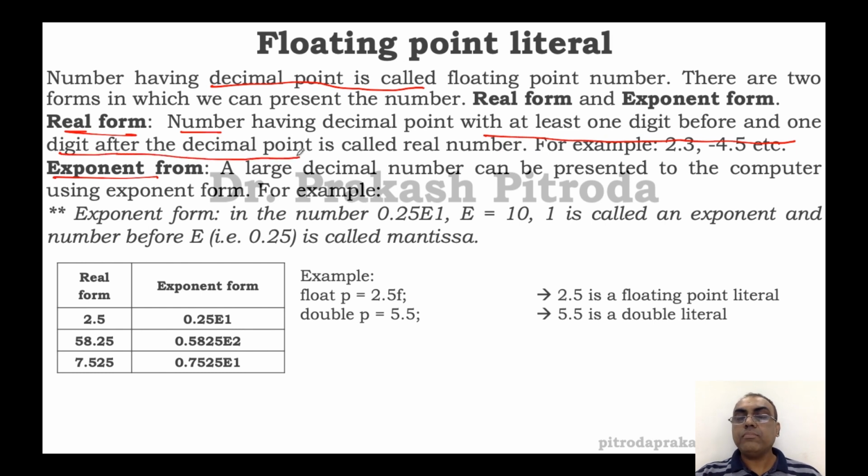It can have more also, but minimum one. So if I just say .5, then it is by default considered as 0.5. If you do not write anything before, then the computer will automatically count this as 0. That kind of form is known as the real form. These are the forms. It can be positive, negative.